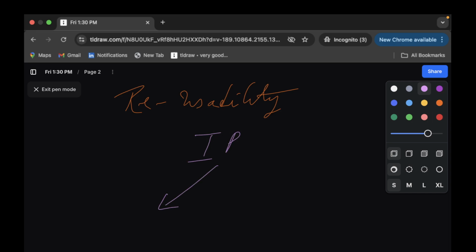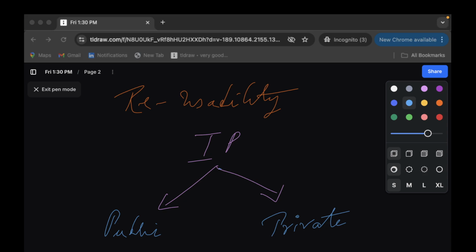I have a public IP and I have a private IP, so we have this public-private partnership. Certain addresses are then reserved for private IP ranges.